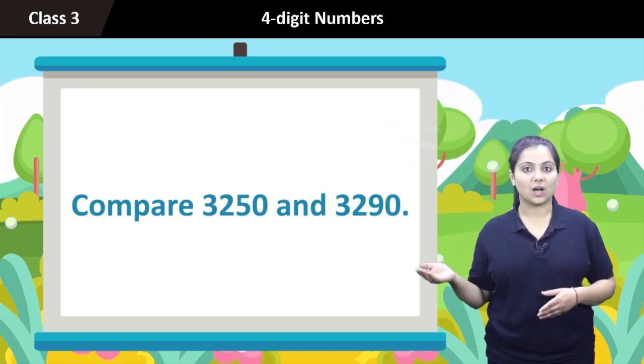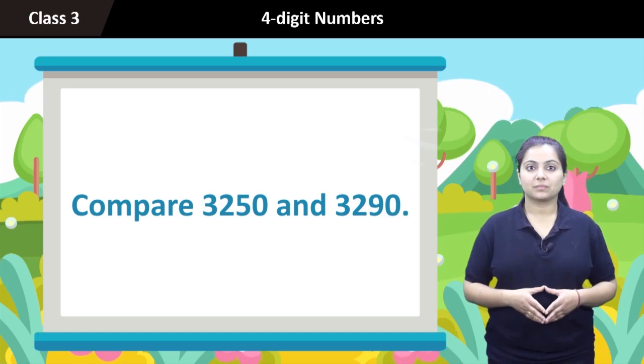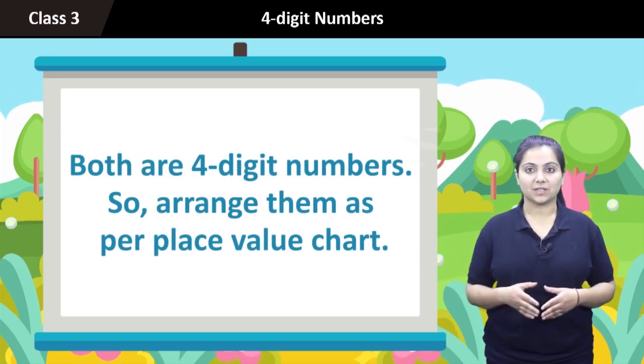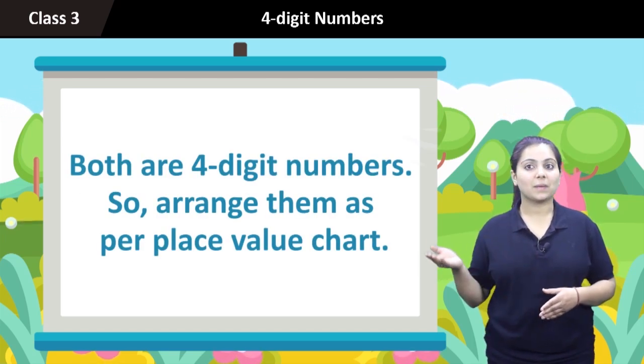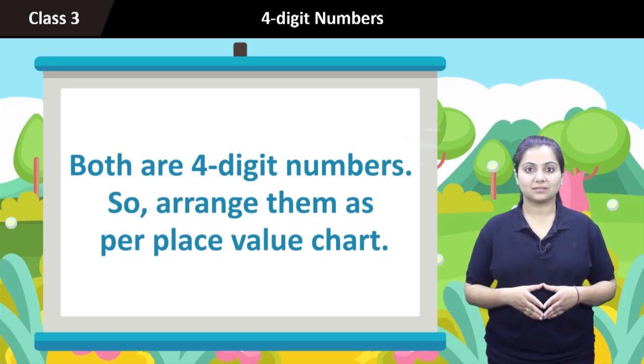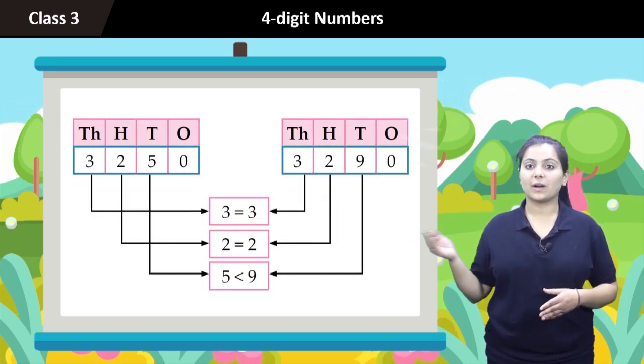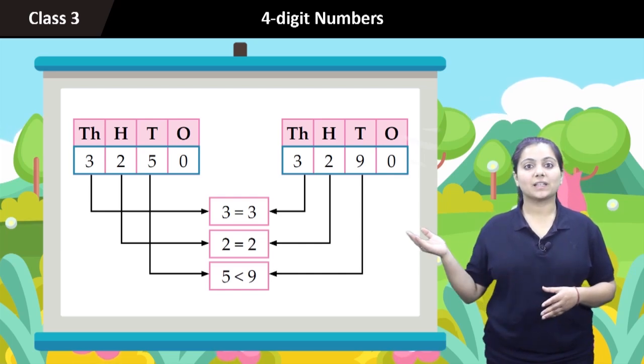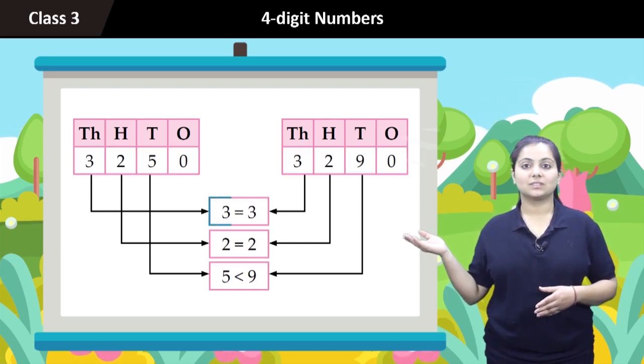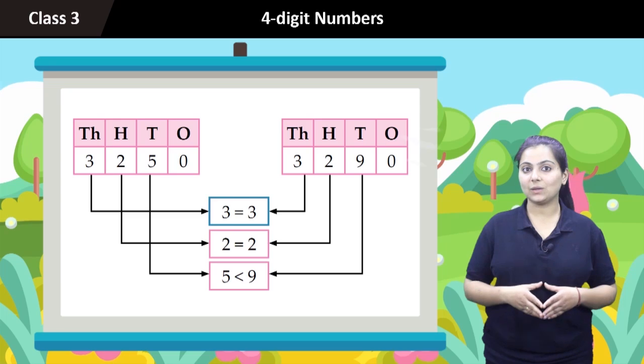For example, compare 3250 and 3290. Both are 4-digit numbers. So arrange them as per place value chart. 3250 and 3290. Let's compare the thousands value. 3 and 3, both are equal.